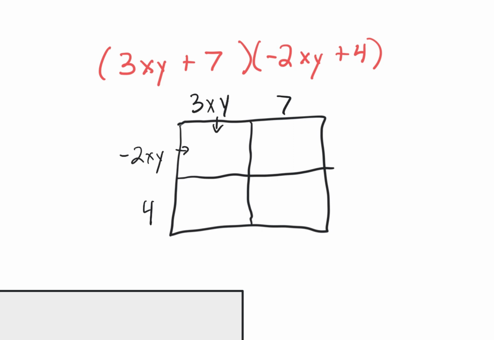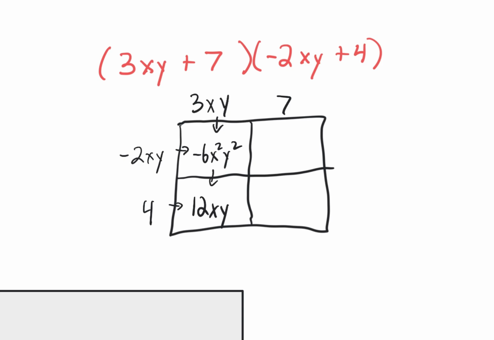And if you notice, that's just the first terms. So if I do that, I get negative 6x squared y squared. To do the next one, I'm going to take 3xy times 4, which is just our outside. So 3 times 4 is 12, so that becomes 12xy. So that's my outside terms.